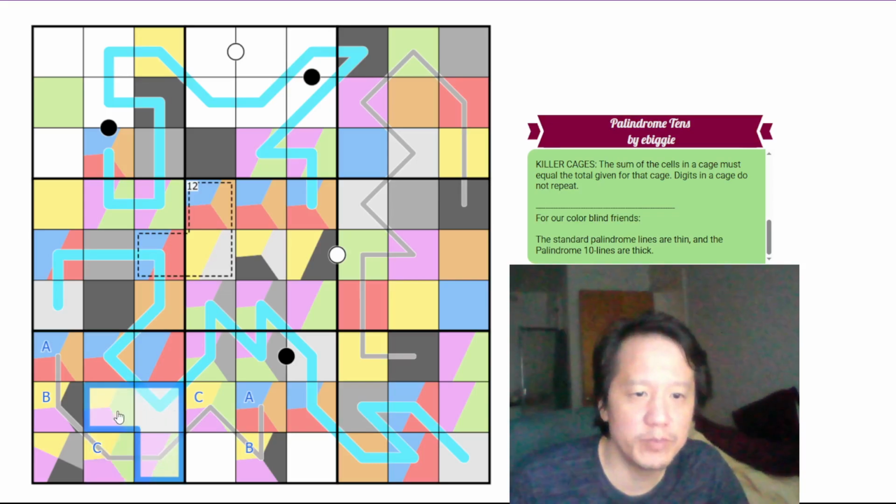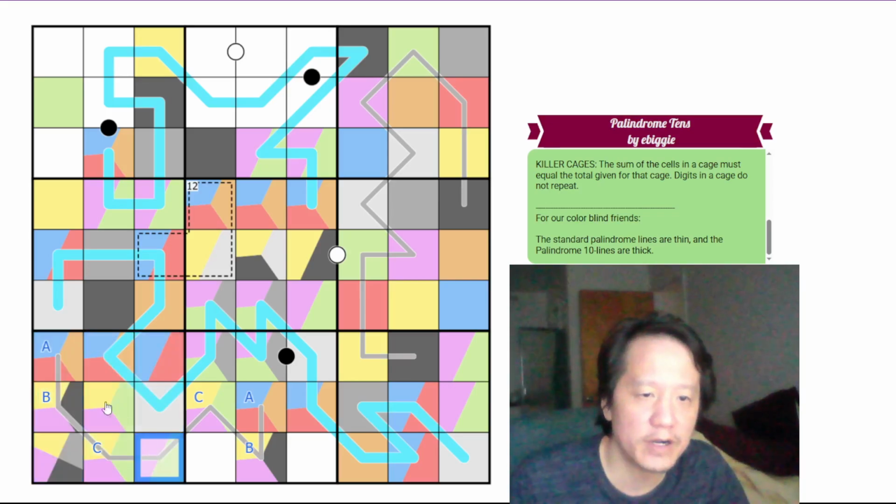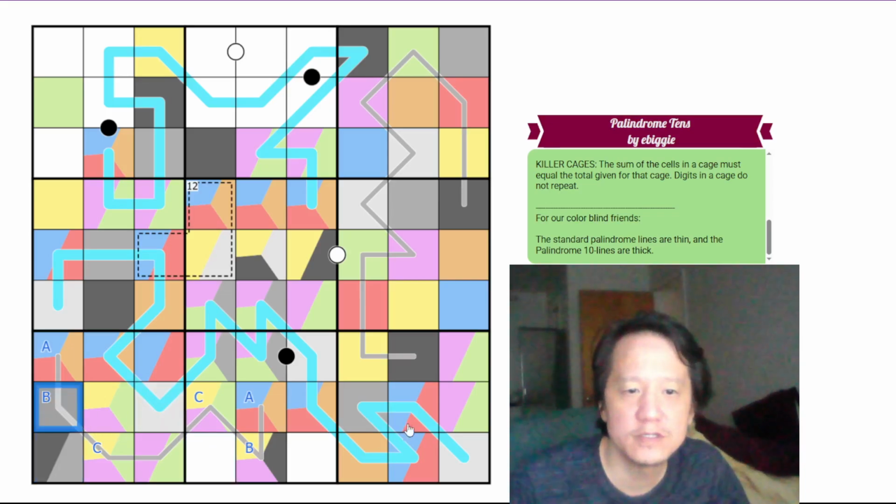Okay, we have a green, pink, yellow triplet in box 7, which eliminates green, pink, and yellow in the rest of the box. So this can't be yellow or pink, which means this is medium. Sorry, this is dark, and this has to be medium. Okay.